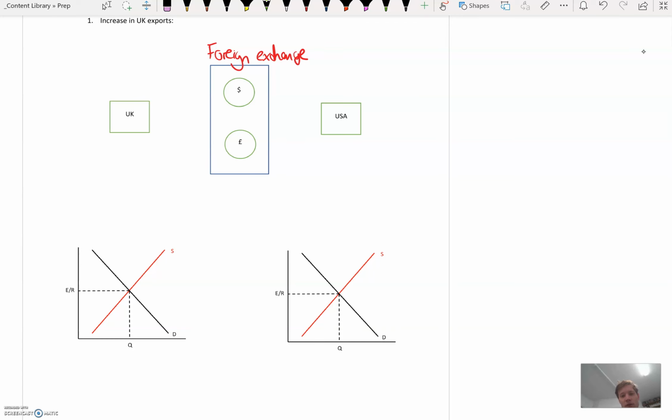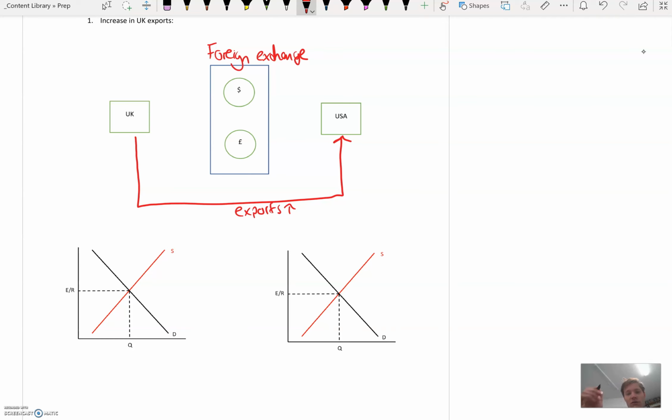Let's talk about some examples of how that works with the currency markets, with demand and supply. Let's first of all talk about a UK export. Let's imagine that the UK has increased its exports. Exports from the UK are US consumers, for example, buying UK goods and services.